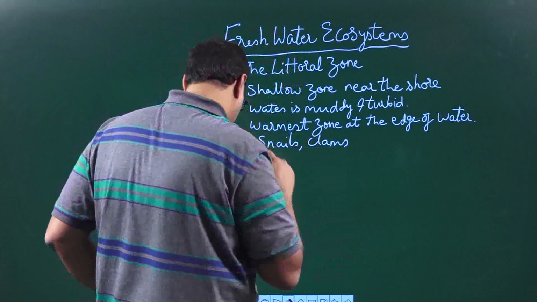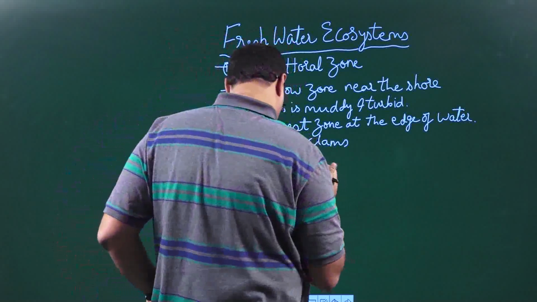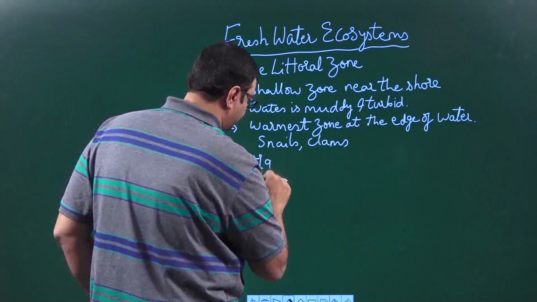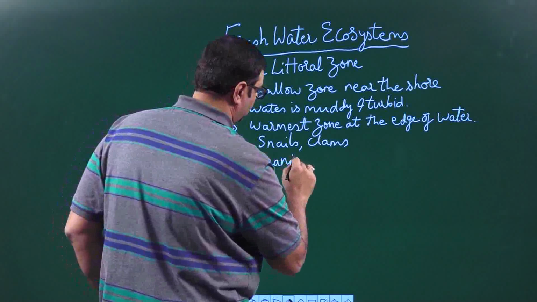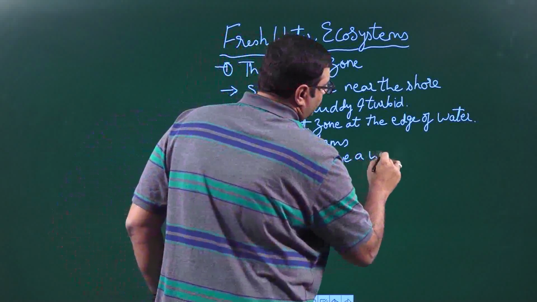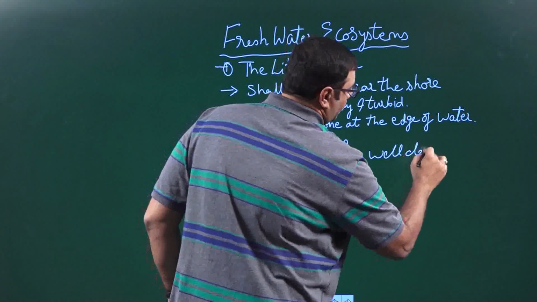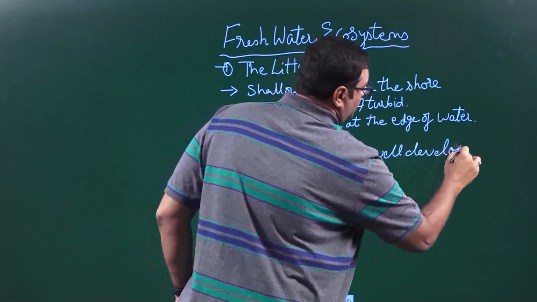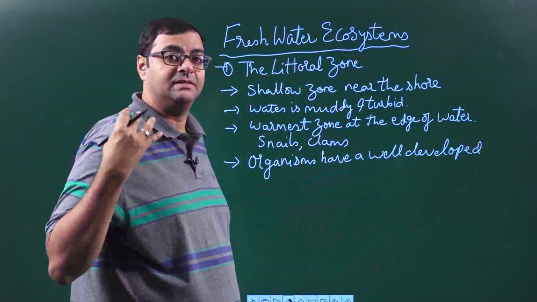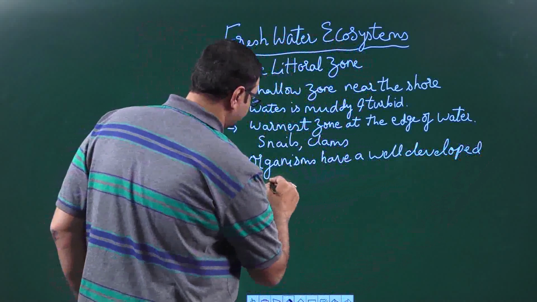These organisms have well-developed eyesight, which means they can see properly.